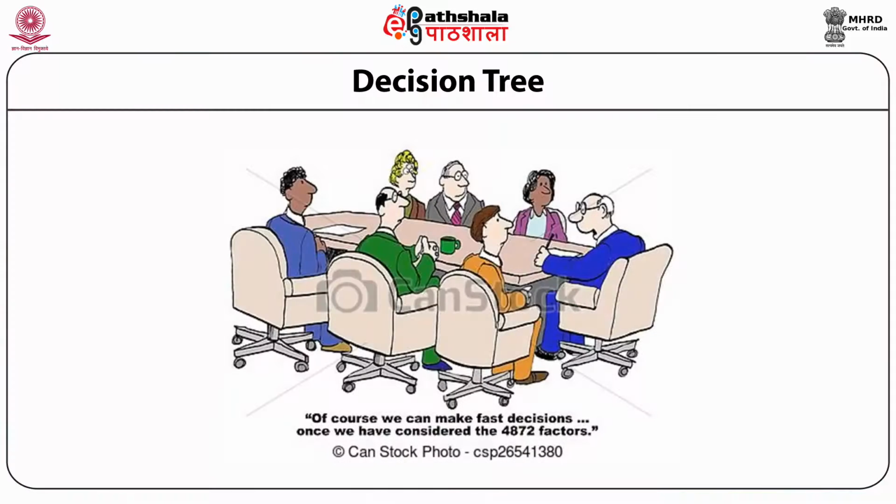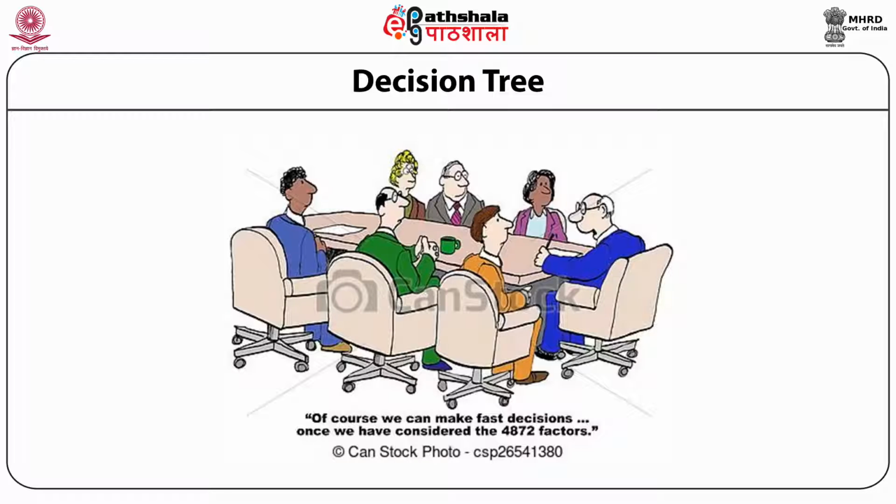After having explained the expected payoff for every outcome and uncertainty at each chance node, finally the optimal course of action is selected. We will look at decision trees with the help of an example, but before that, as you can see in this diagram, whenever we are to take any decision, obviously we need to consider a lot of factors and parameters, and as the number of parameters increases, our decision making tends to become more and more complex.